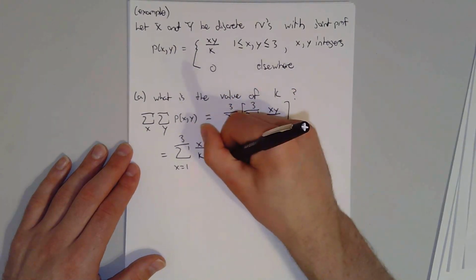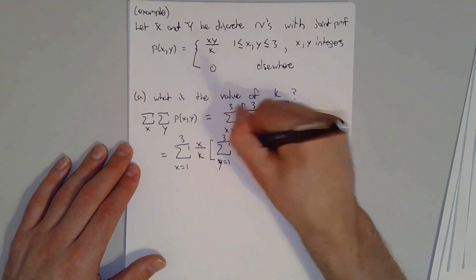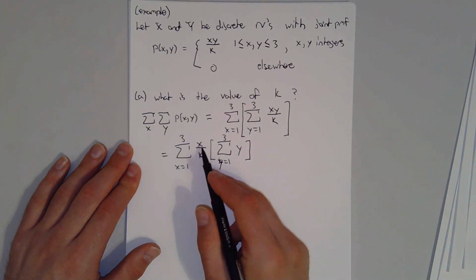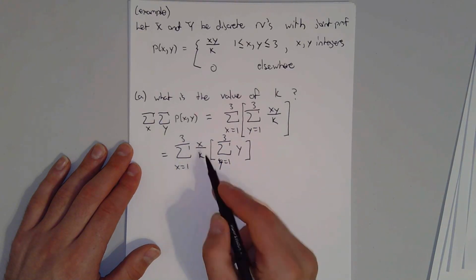We can go one further: 1 over k can also be pulled out of the outer sum because it's a constant.